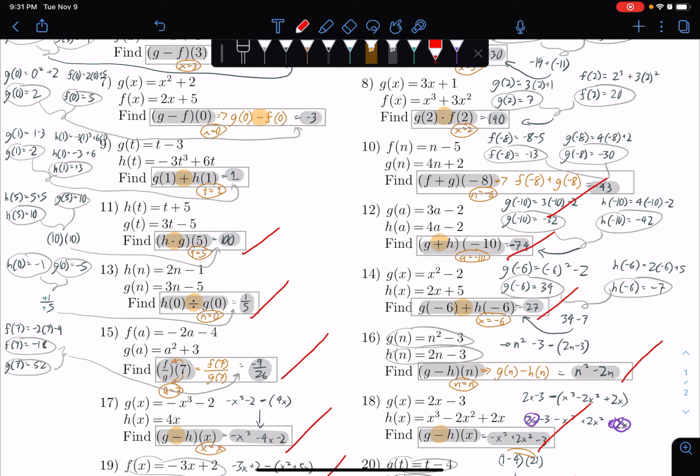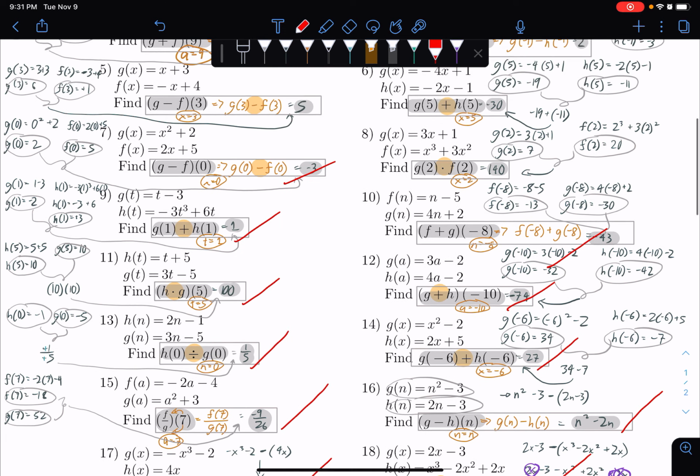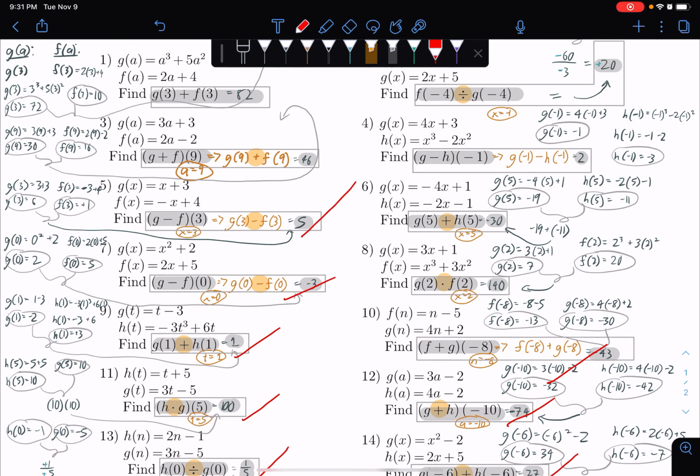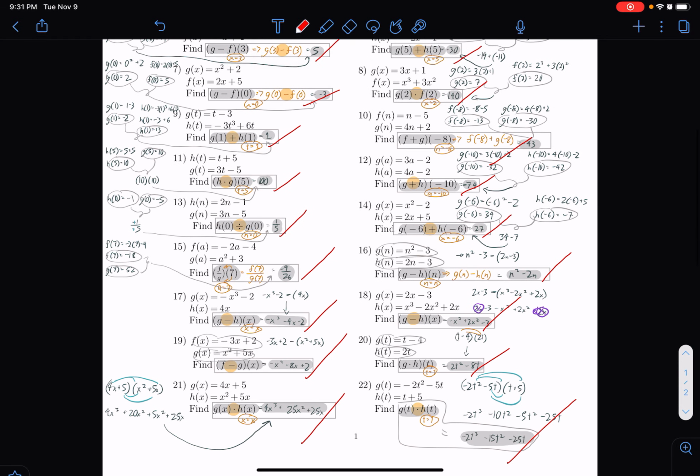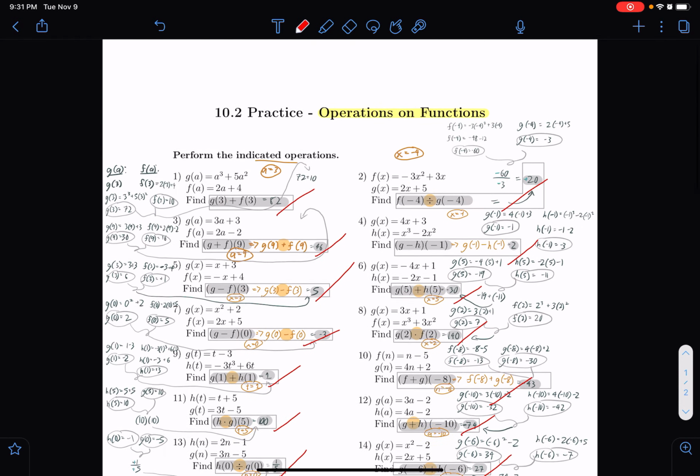Negative 43, 1, correct. Negative 3, correct. Positive 5, 46, 82, this is 20, this is 2, negative 30, positive 140. Yeah, so I suppose everything in this solution paper is correct.